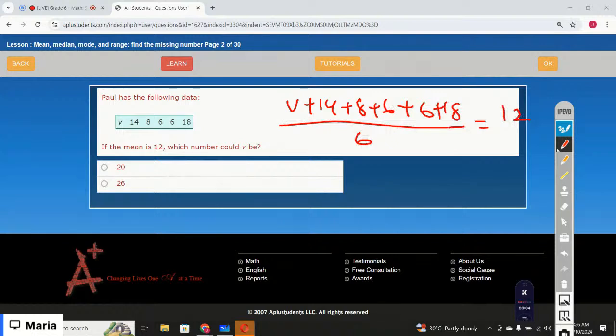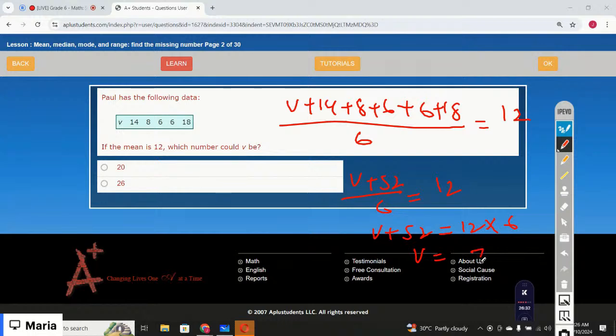So let's just add them. 14 plus 8 plus 6 plus 6 plus 18 is 52. So that is V plus 52 over 6 equals 12. Multiply 6 to the other side, so that would be 12 times 6. 12 times 6 is 72, right?